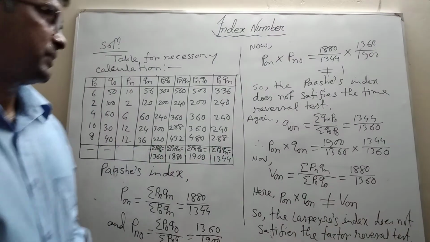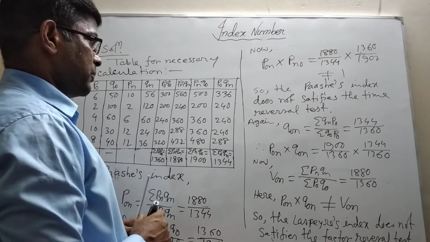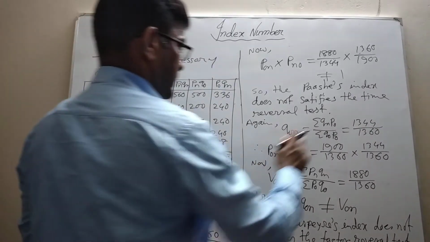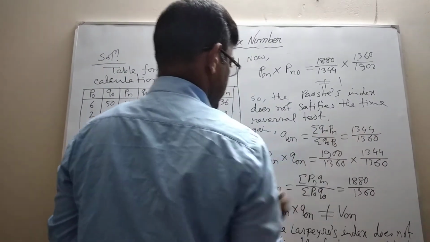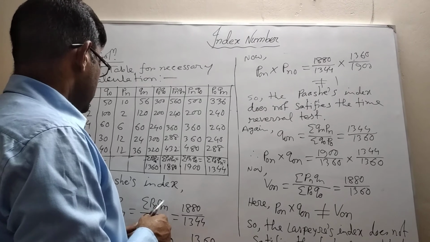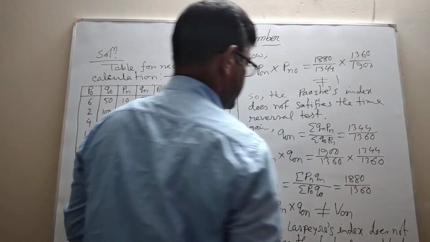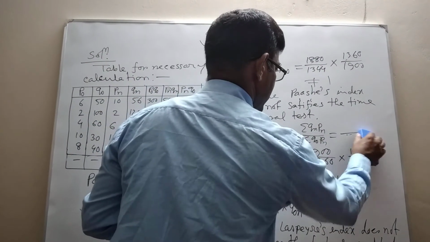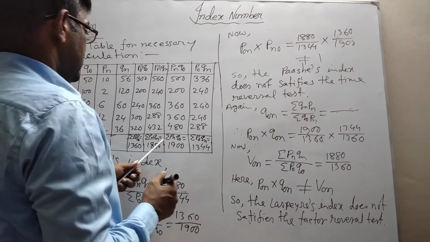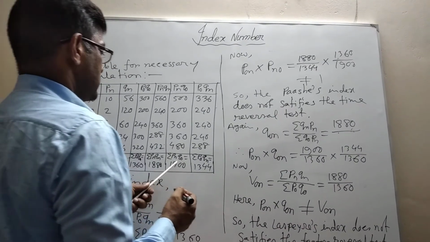That means FRT. Again, Q01 of Paasche's: quantity of Q1P1 and Q0P1. We put the value from the table: Q1P1 means 1880, P1Q0 1900.